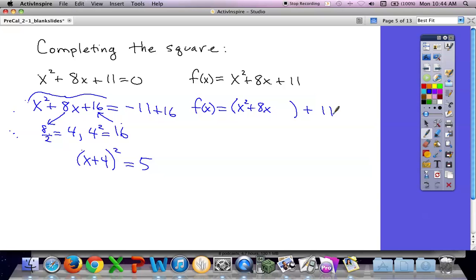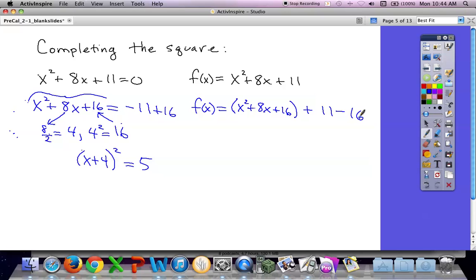16, right? All the numbers are the same, so we're still going to add 16, right? But if I add 16 here, I cannot add 16 on the other side because that's solved for the f of x. So how else can I compensate for having added 16 to that side in the parentheses? Subtract 16 at the end of that side. So subtract 16.